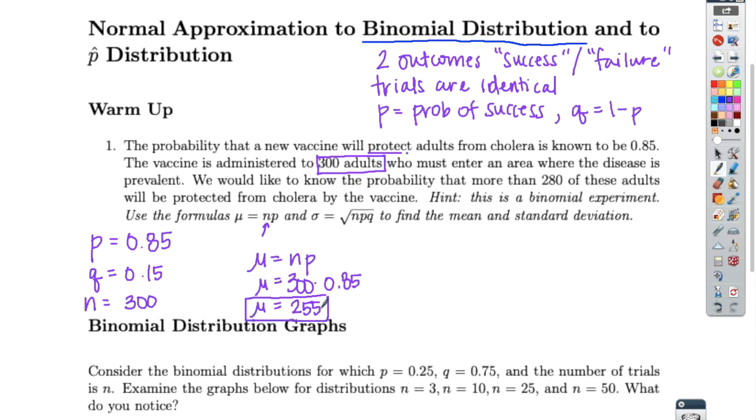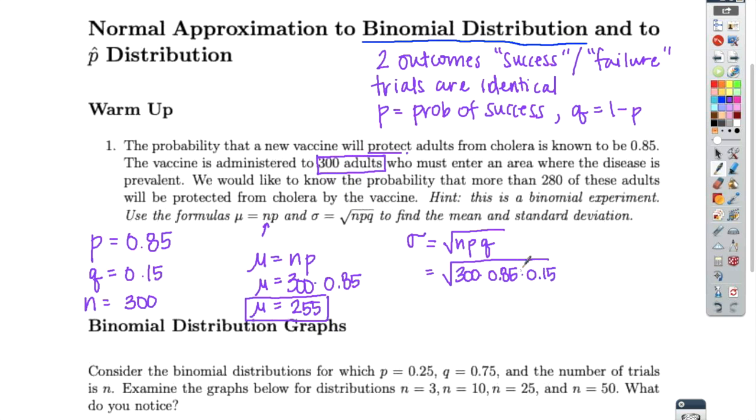Now, the standard deviation also has a really friendly formula, the square root of n times p times q. So in this case, again, n is 300, p is 0.85, and q is 0.15.